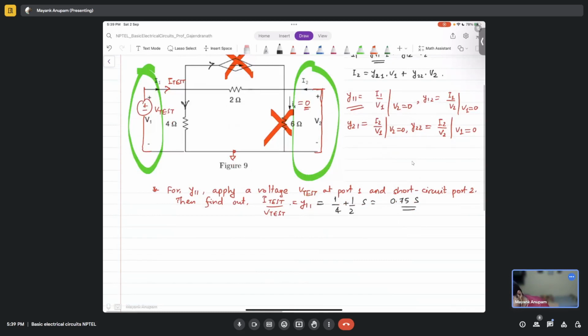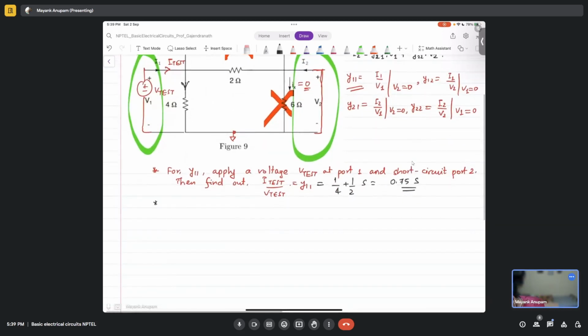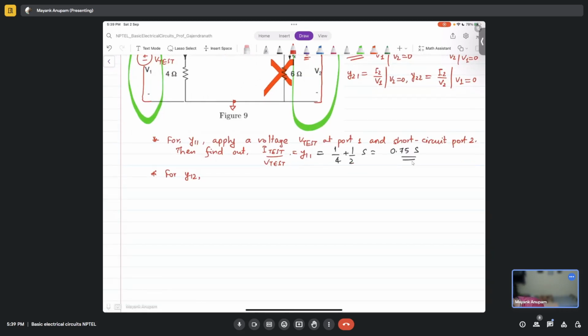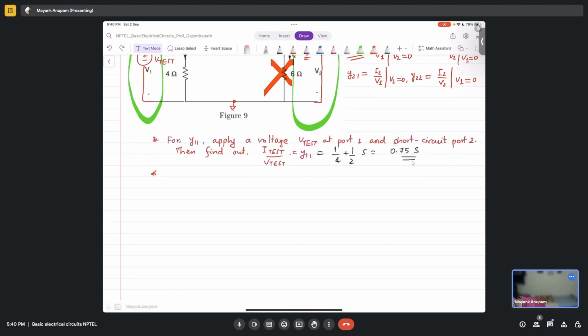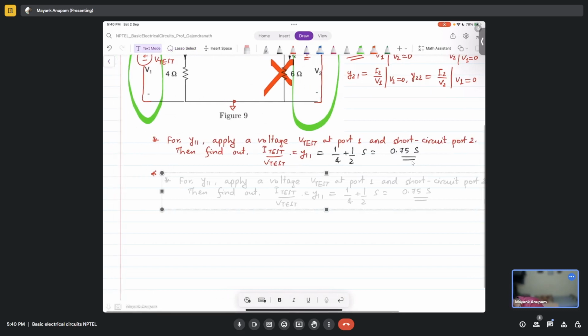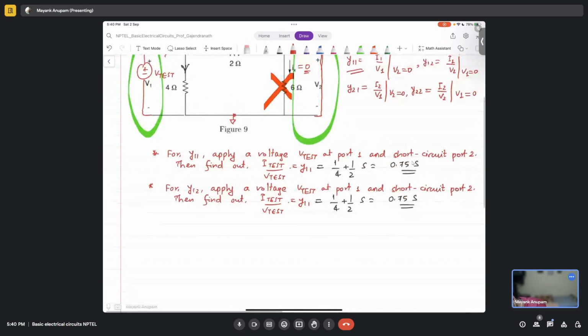Now what about Y12? What about Y12? We need to apply voltage V test at port 2 and short circuit port 1.